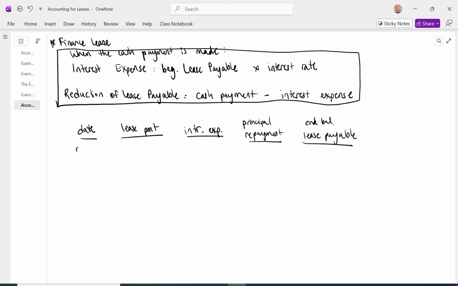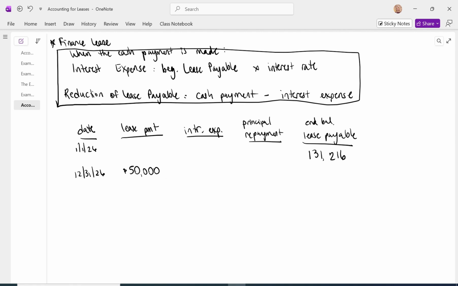Okay, so let's start simply with the day the loan or the lease originates. Call that the commencement date of the lease. Present value is 1/31/2016. The first payment is going to be made at the end of the year, and that lease payment is going to be $50,000.